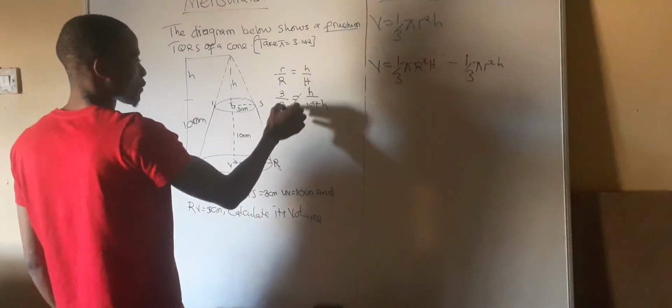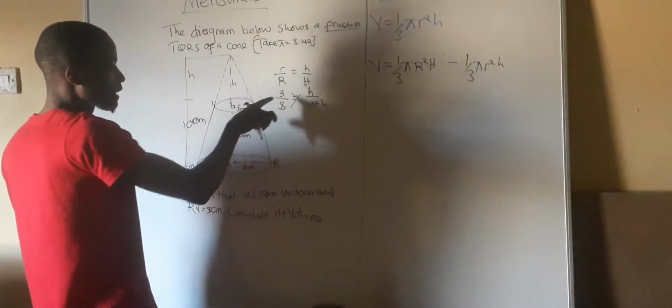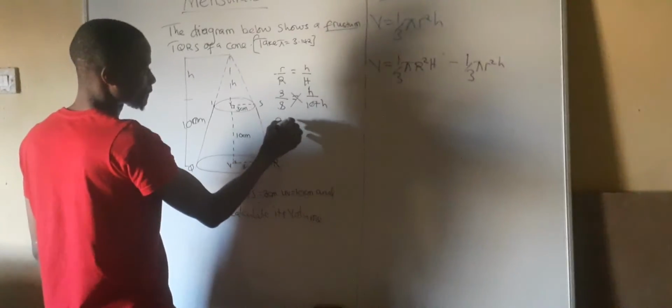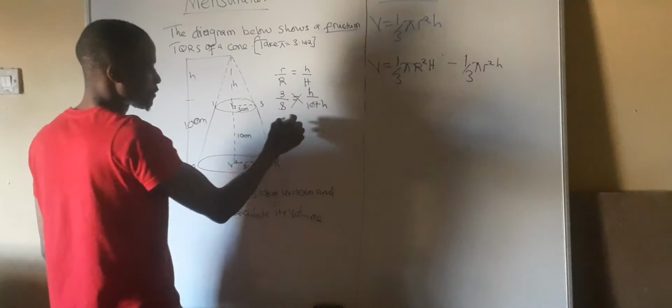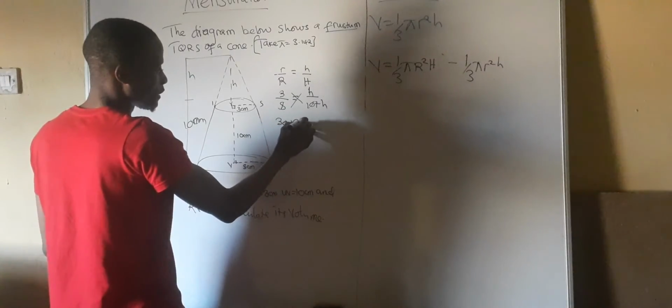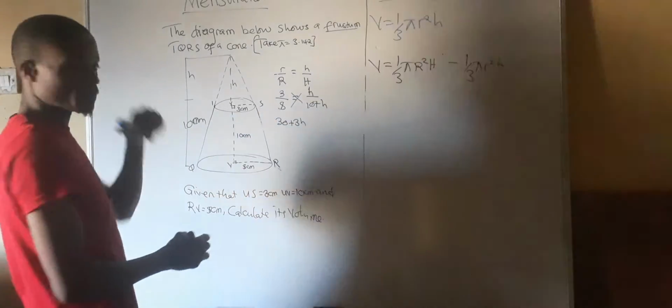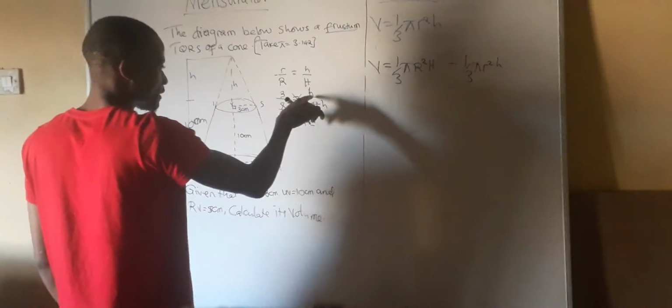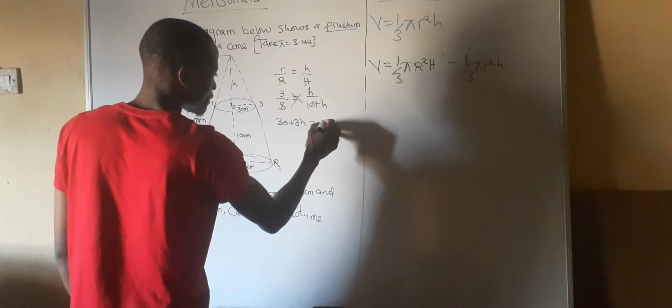Then you cross multiply. This becomes 3 times 10, which will give you 30. 3 times h gives you positive 3h, which is equal to 8 times h, which gives you 8h.